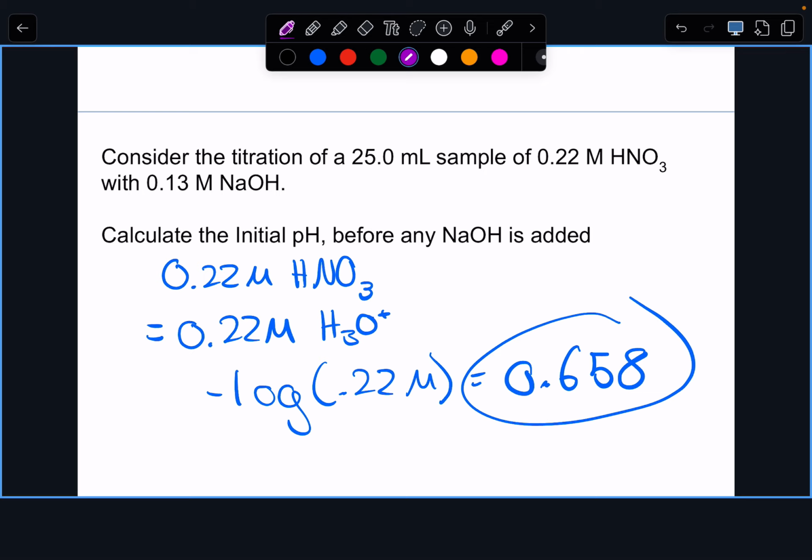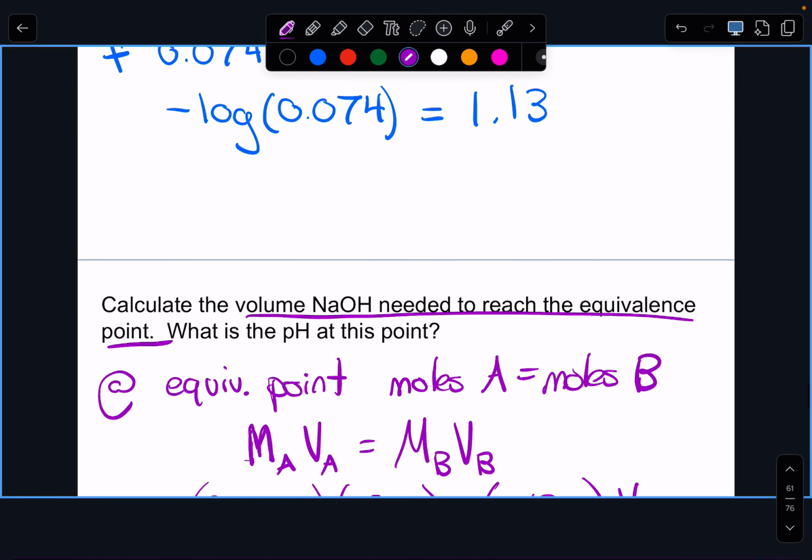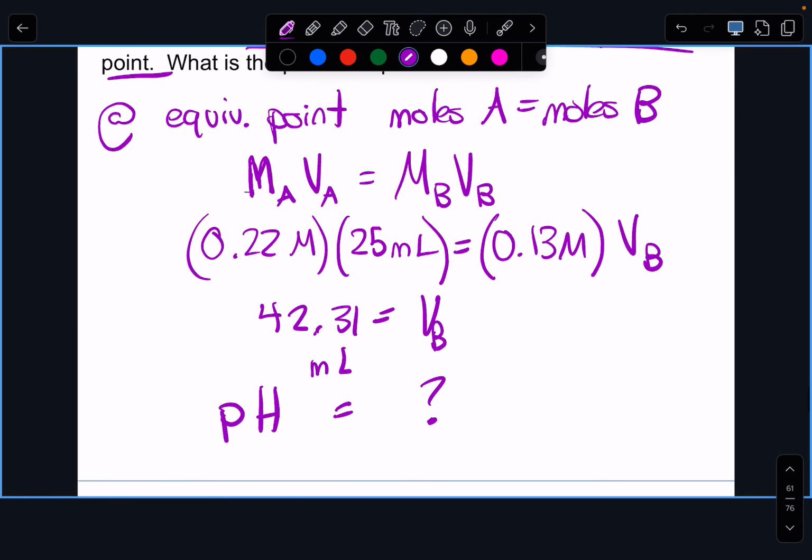So I did 25 times 0.22, and then set that equal to 0.13 times the volume of the base to get to that point where they're equal to each other, which is 42.31 mils. So it makes sense that it's a lot more than the acid because the acid is more concentrated. So it's going to take a lot more of the base to add it.